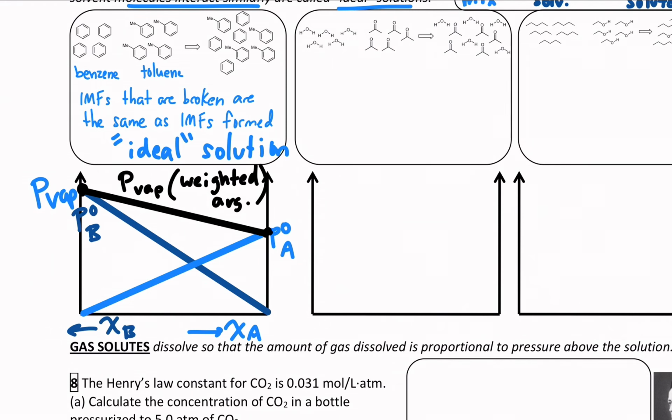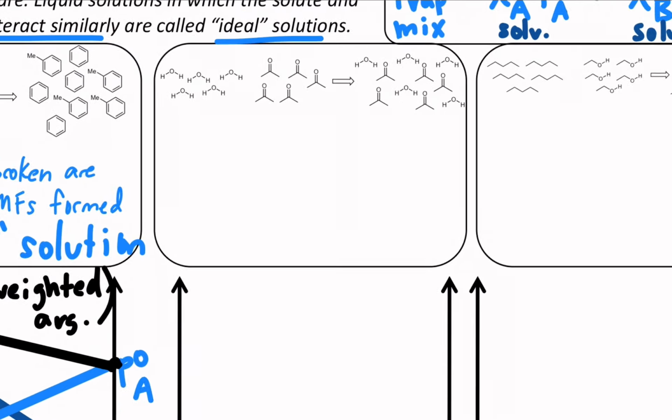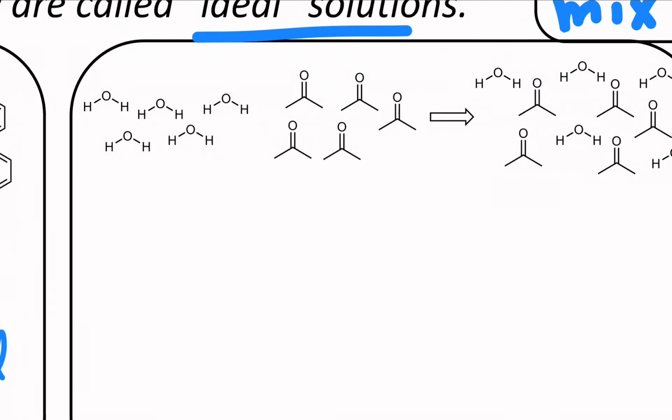Now, non-ideal solutions are sort of beyond the scope of AP Chem, but it's worth just looking at them so we can explain why they're a little different, because they're actually really common. A non-ideal solution might be what you get when you mix water with acetone. And I know I just gave acetone as an example of a non-volatile solute, and that's true.